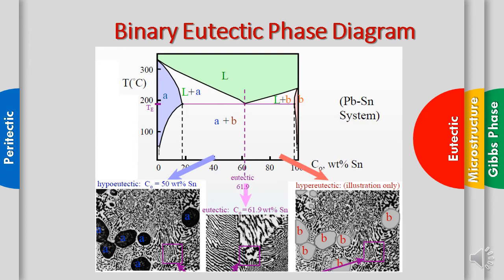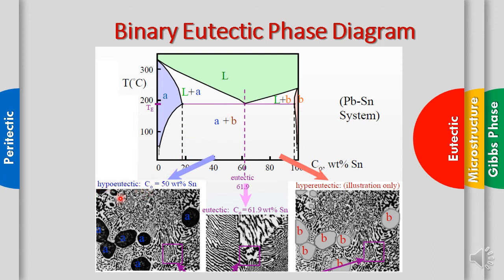So, another picture and discussion related to the binary eutectic phase diagram. We actually have three regions. At this boundary we call it the eutectic composition, where we have 61.9. The region from the eutectic to this area we call the hypoeutectic.